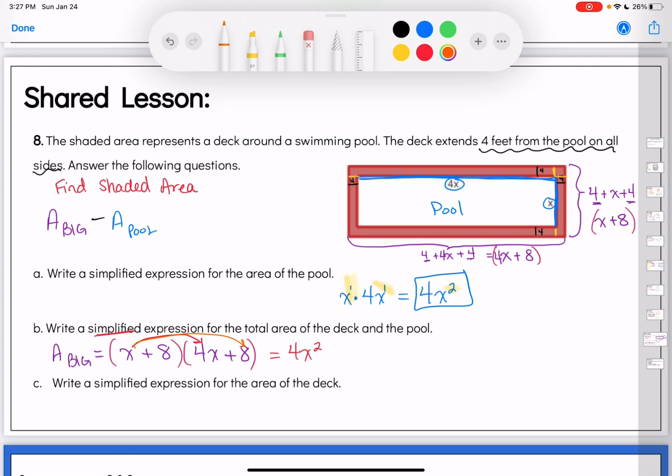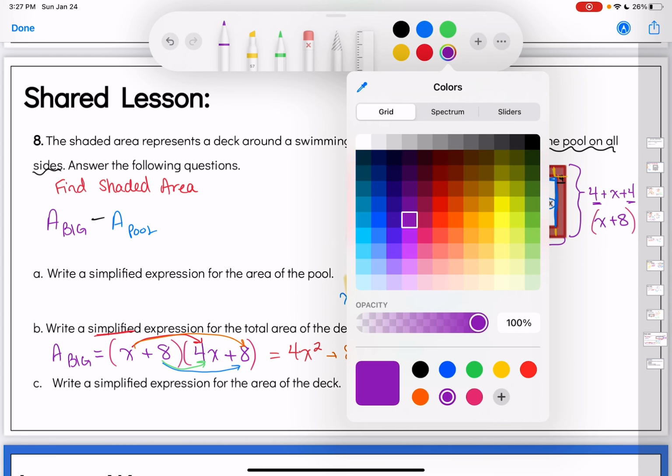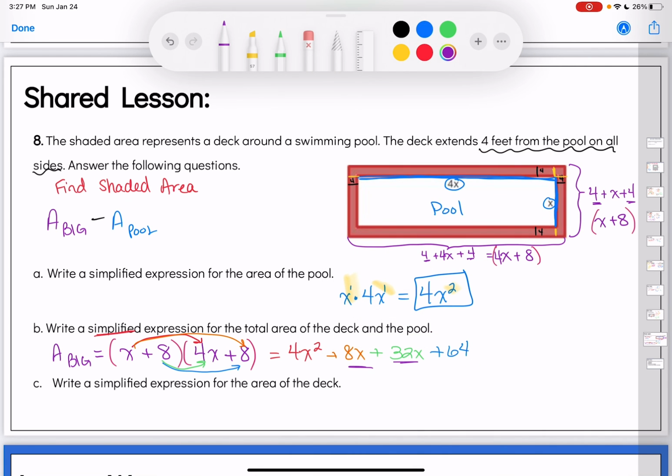X times 8, 8x. 8 times 4x, 32x. 8 times 8, 64. And then if I combine my like terms, I would get 4x squared plus 40x plus 64. That's the area of the big.